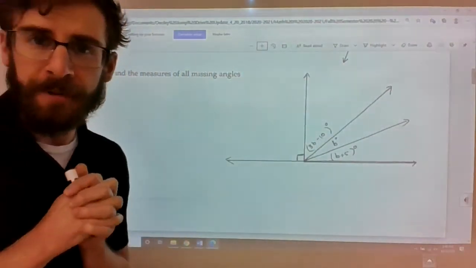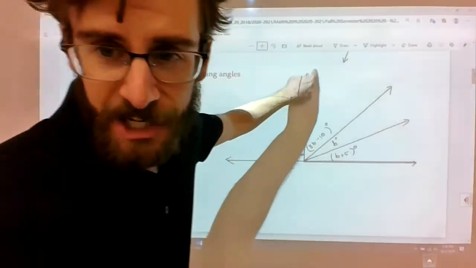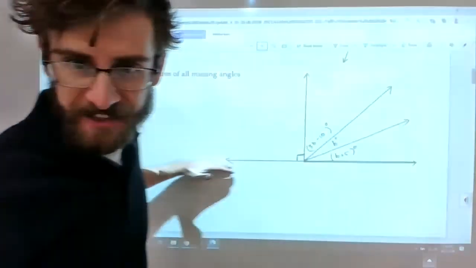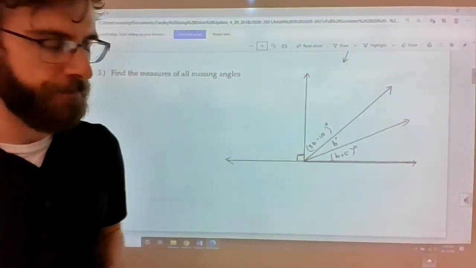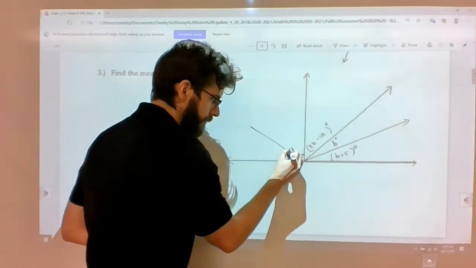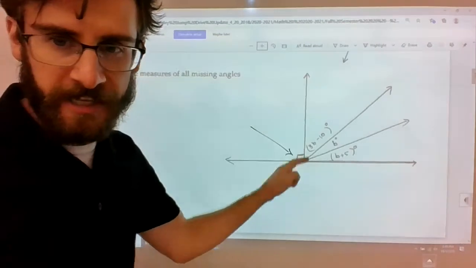All right, number 3 is a little bit different. We still have the 180-degree action happening over the span of this entire line. However, we can do something slightly different in this particular case.